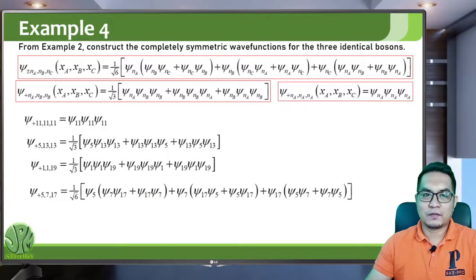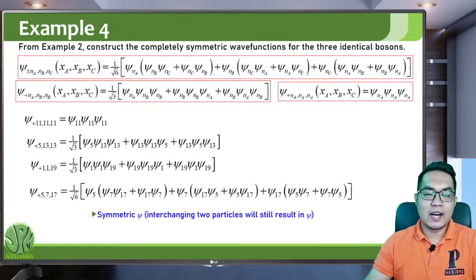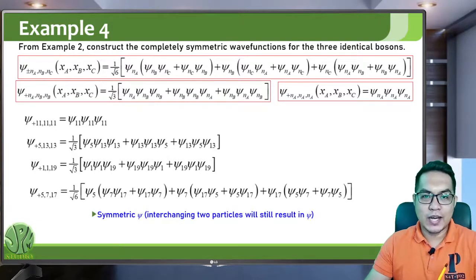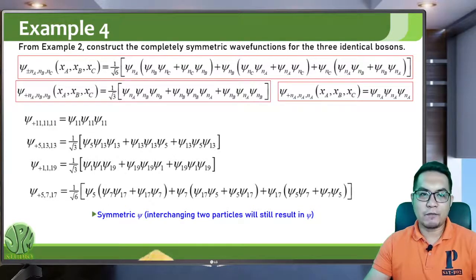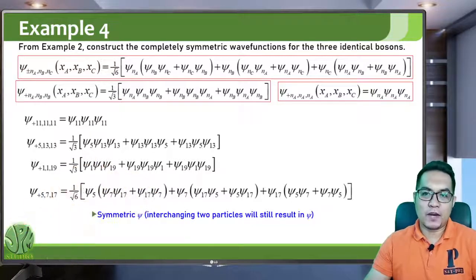So these wave functions are actually symmetric. If you interchange any two of the particles, you just obtain the same wave function. So that's what identical bosons means. They have symmetric wave functions. Identical fermions have anti-symmetric wave functions.